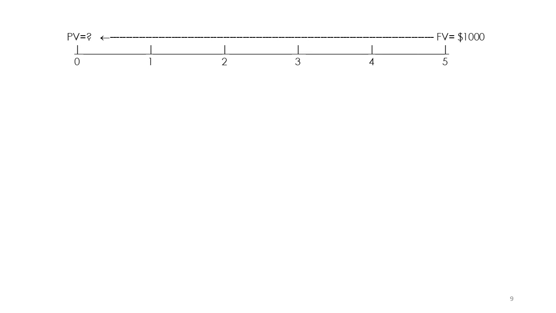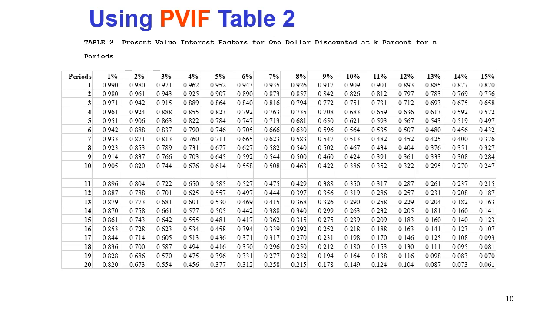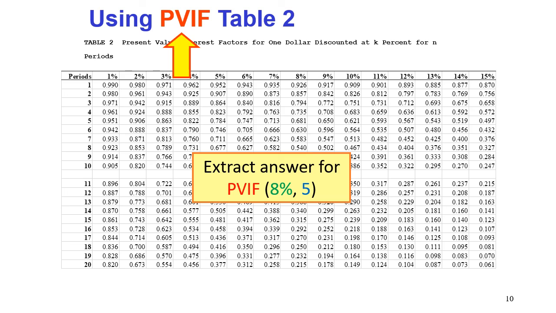Look at the timeline again. We are using the table format here. We know the figures, we substitute figures in. K is 8% and N is 5. We refer to the PVIF table. Please make sure you get the correct table. Next, we'll find the answer for this.